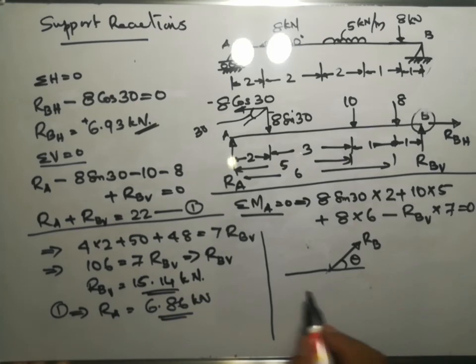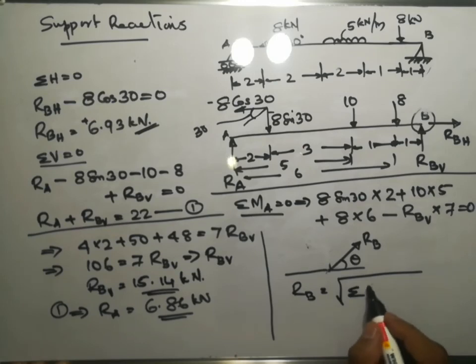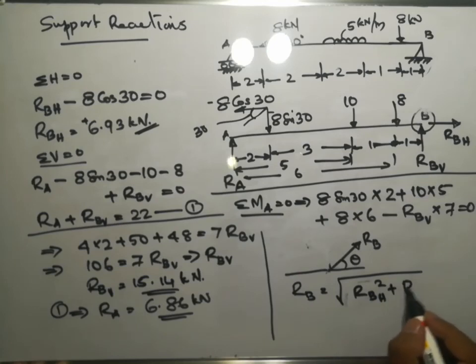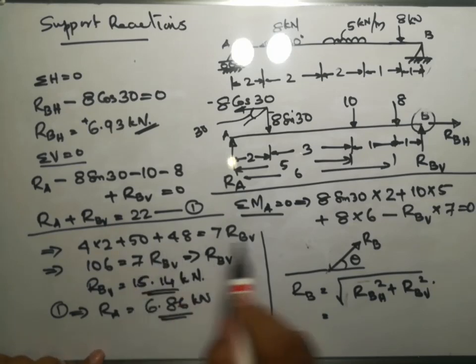So RB is equal to the square root of RBH squared plus RBV squared. What is RBH?